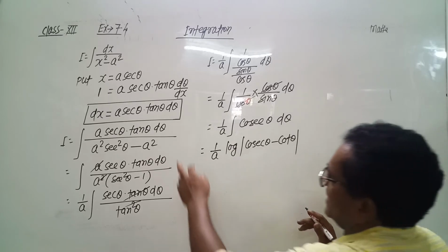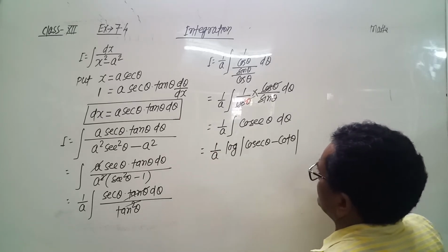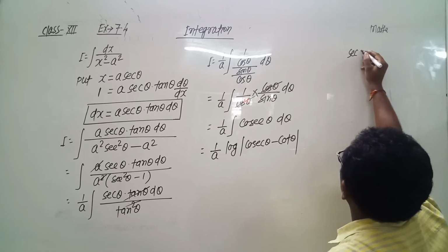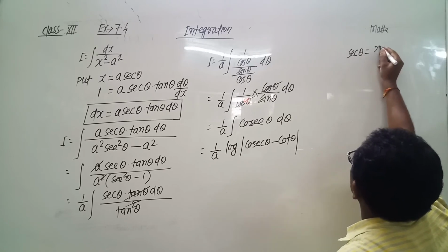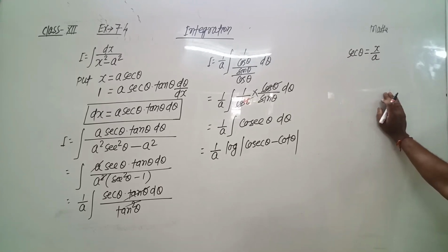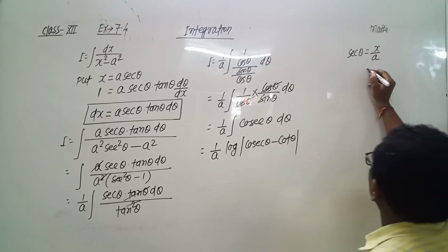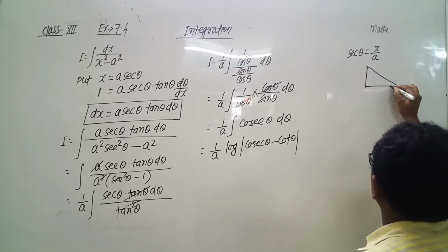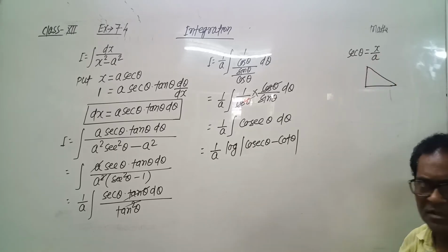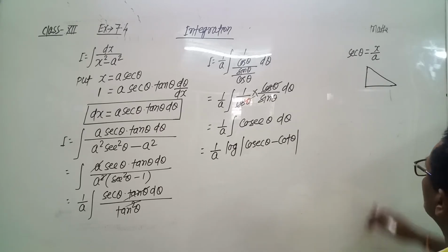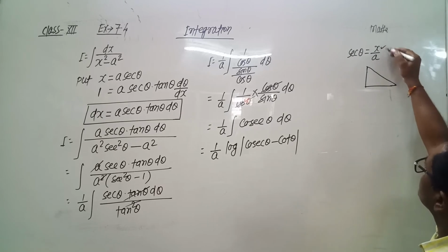For this we have x equals a sec theta, meaning sec theta is equal to x by a. This is a right triangle, and we know cos theta is base upon hypotenuse, so sec theta is hypotenuse upon base.